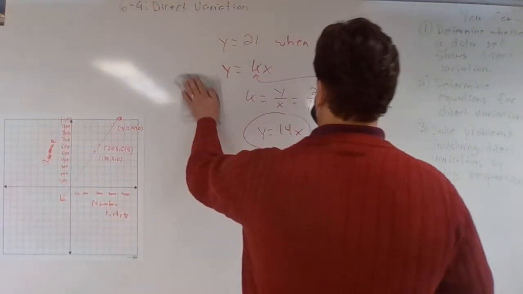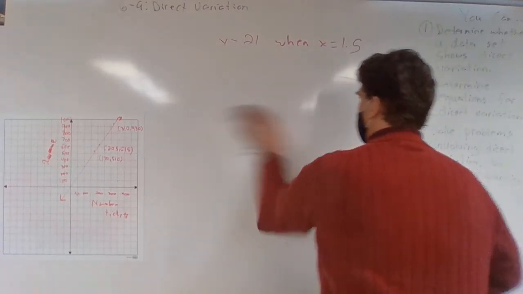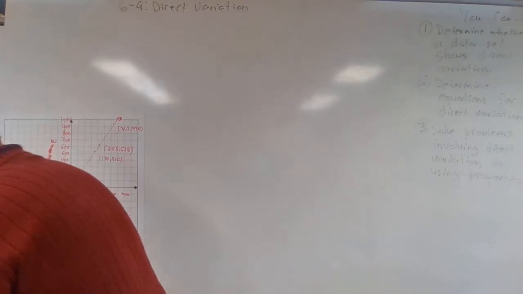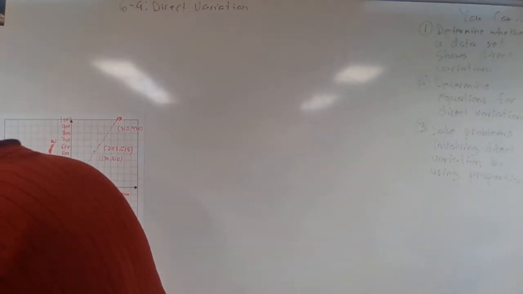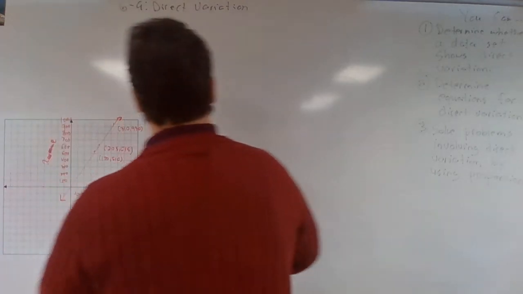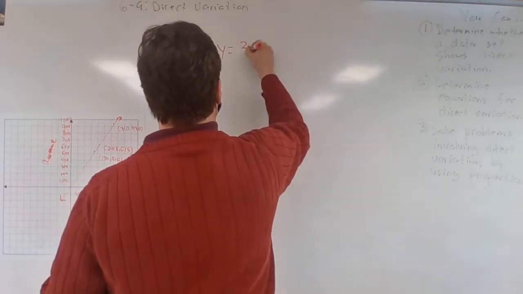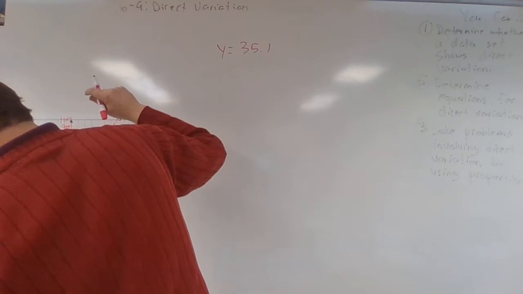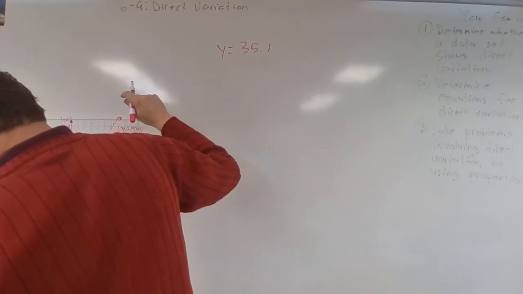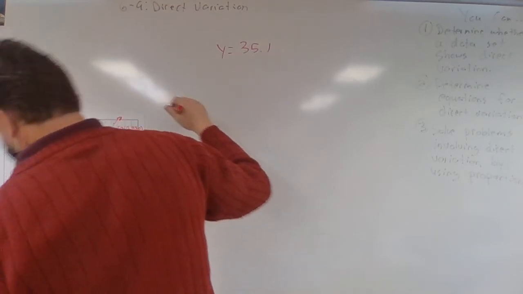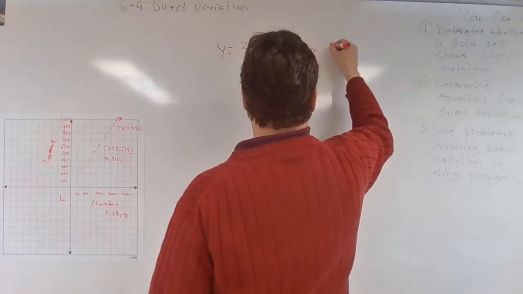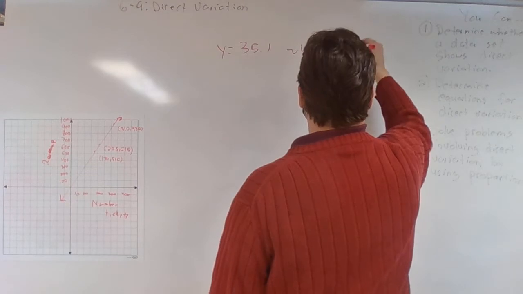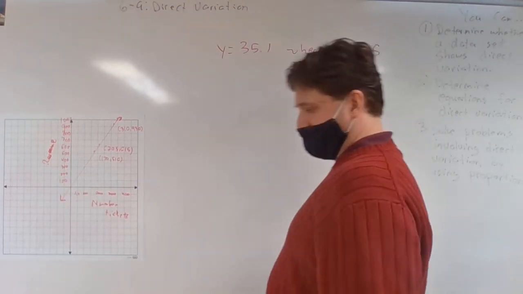Okay. Give me another one. One more. Okay. Here we go. y equals 35.1 when x equals 13.5.